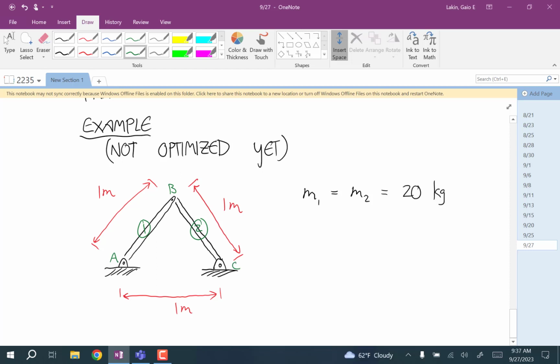So A, B, and C are the pins themselves. Like you could imagine, if you tap it with a hammer, those come out, and the thing falls down. And when I isolate those pins, I'm going to think of those as particles. Okay, in 2D, those are particles. I'm not going to worry about the length of them, the thickness of them, or anything like that.